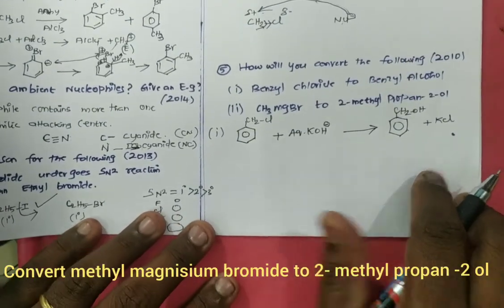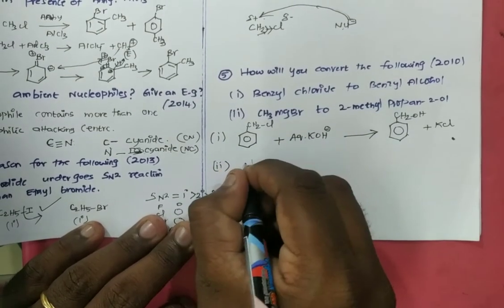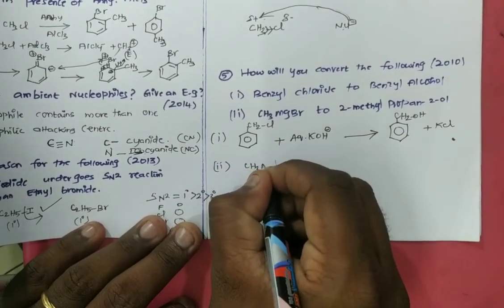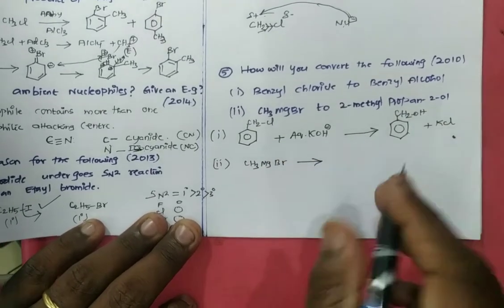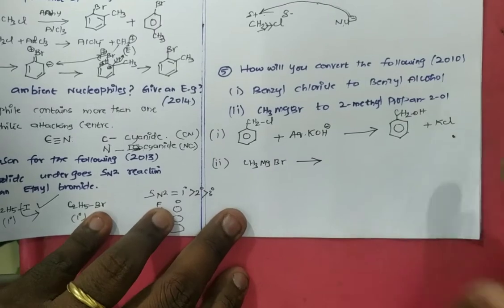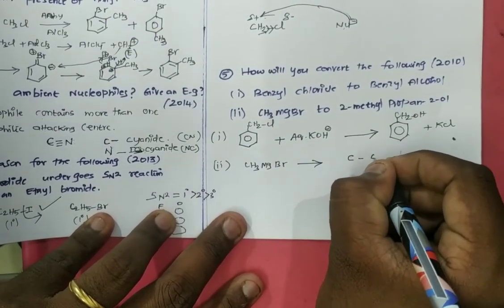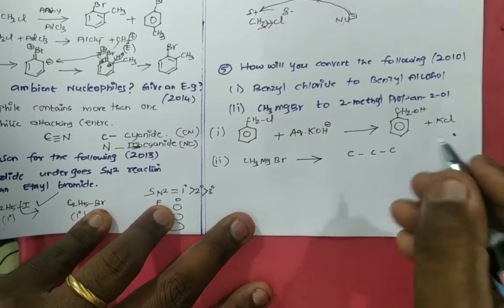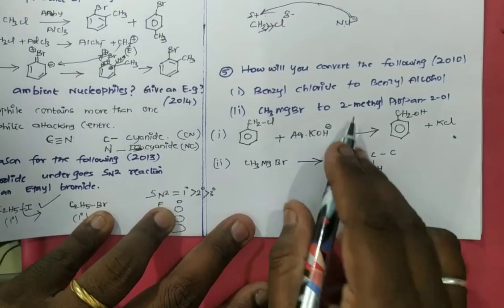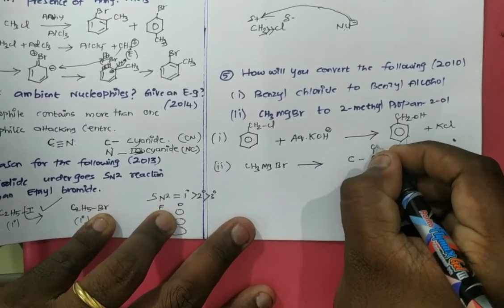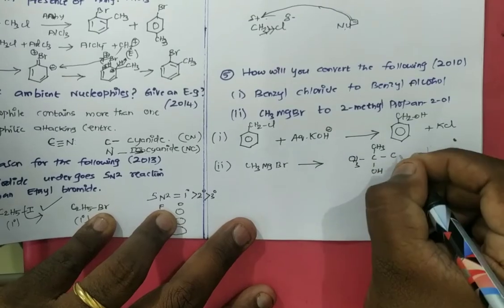And the next one is very important. That is methyl magnesium bromide, which will be converted into 2-methyl propan-2-ol. How will you write the structure? Propane has 1, 2, 3 carbon atoms, and 2-ol means the OH group is at the second position. The 2-methyl substituent is also present at the second position, so I can write CH3 here also.